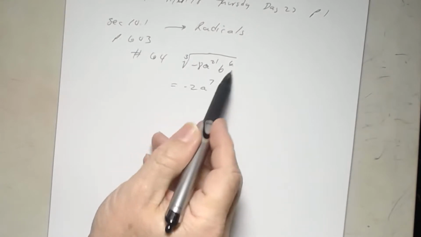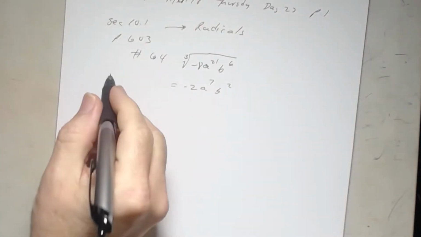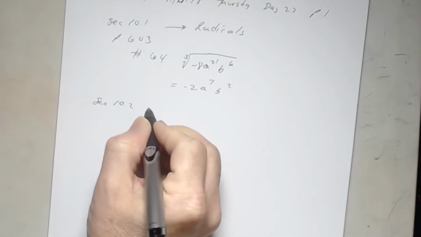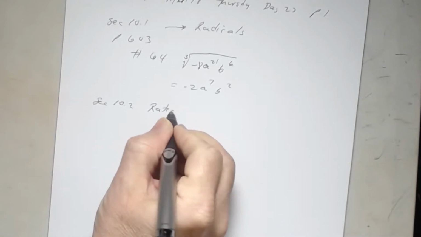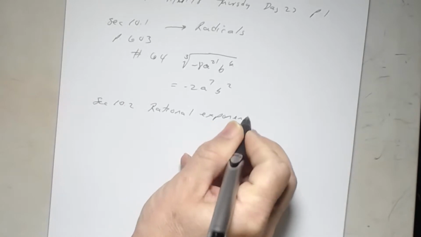This is the index. This is the radicand, what's underneath the radical. Section 10.2 is where they start talking about rational exponents. Okay, rational exponents. That's 10.2.